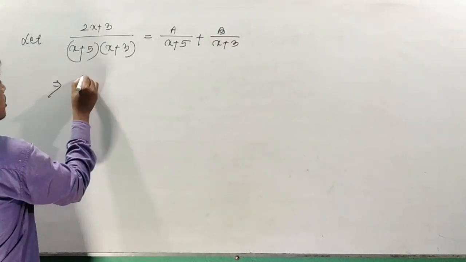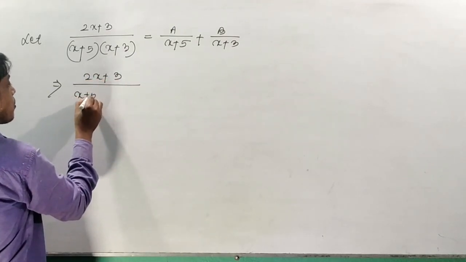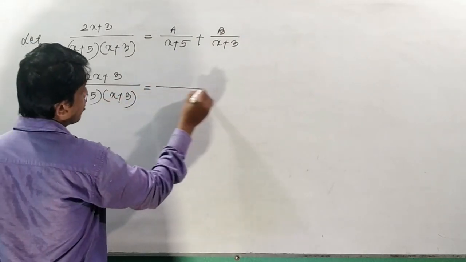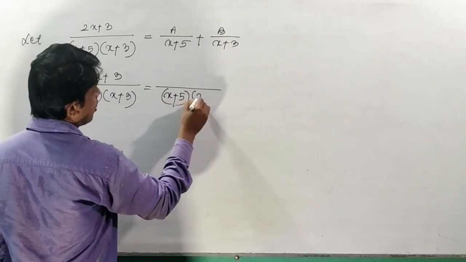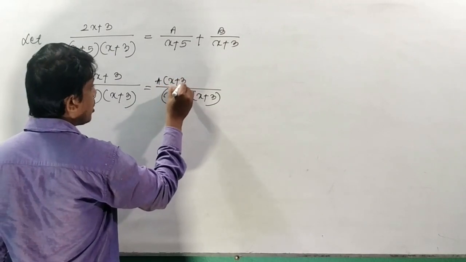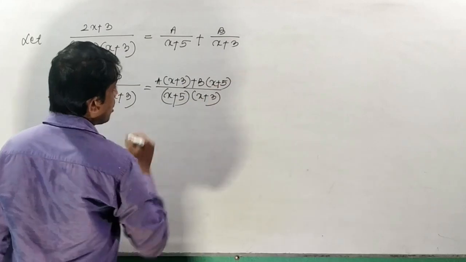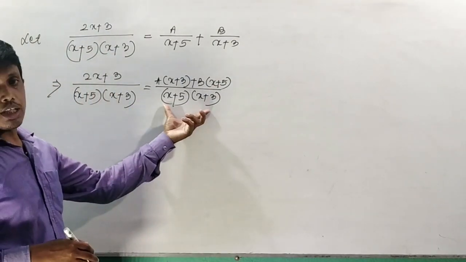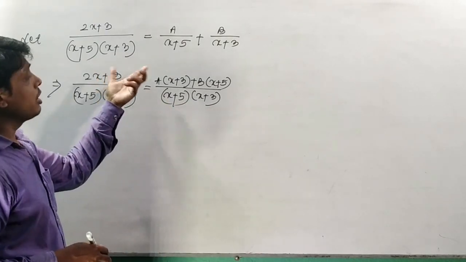Then that implies 2x plus 3 by x plus 5 into x plus 3 is equal to, taking the LCM, x plus 5 into x plus 3, this is your a into x plus 3 plus b into x plus 5. Mark it, in these two fractions the denominator is same. If the denominator is same, then we have to equate the numerators.